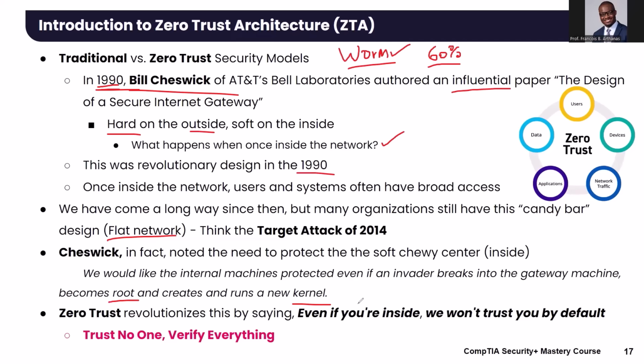Okay, once you get into the environment, we're going to keep an eye on you, so that if you're a bad guy, you don't get to copy all the files like what Snowden did. We can get alerted right then if you are behaving differently than what that account or that computer would normally behave. So as you can see, people were thinking about these things back in the day.